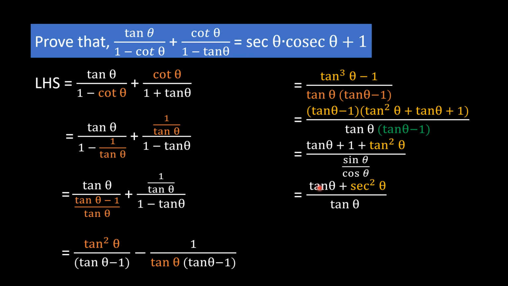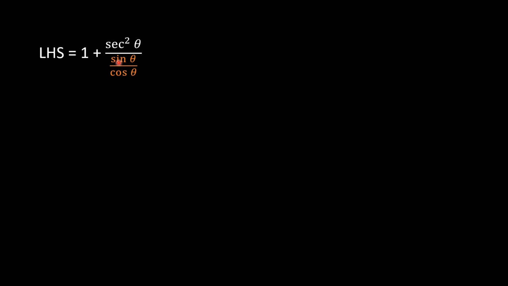So tan theta divided by tan theta will be 1 and sec square theta divided by tan theta. Now in place of tan theta we will write sin theta divided by cos theta. This sin theta divided by cos theta becomes sin theta multiplied by sec theta, because 1 divided by cos theta is sec theta.